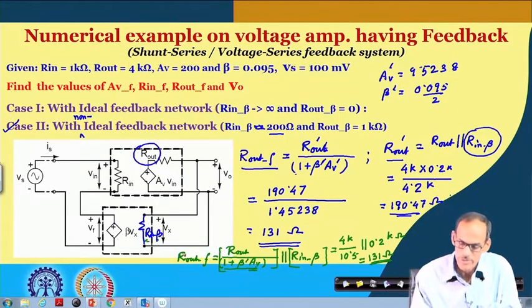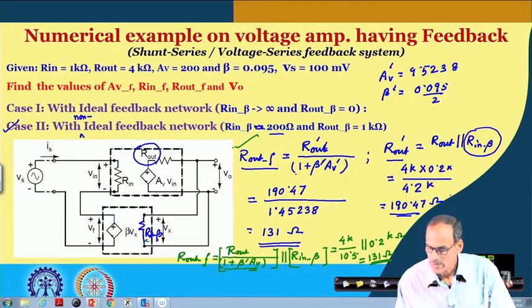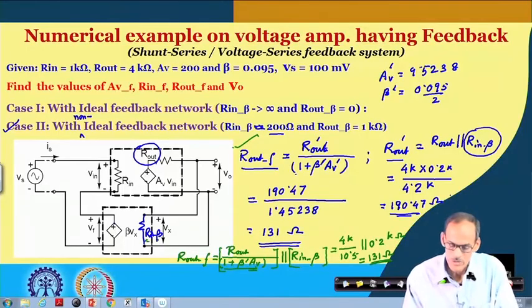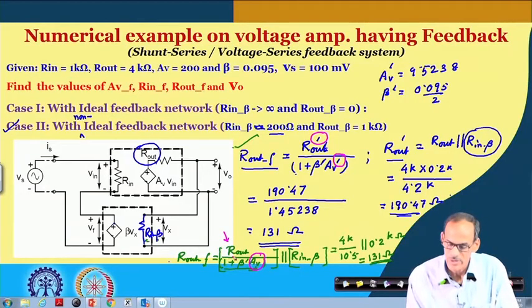So, we do have this equation as well as this equation. Again, I would like to suggest that in these two expressions the difference is that here we have R dash, but here we do not have any R dash. Also here we have A V dash, but this A V does not have any dash.